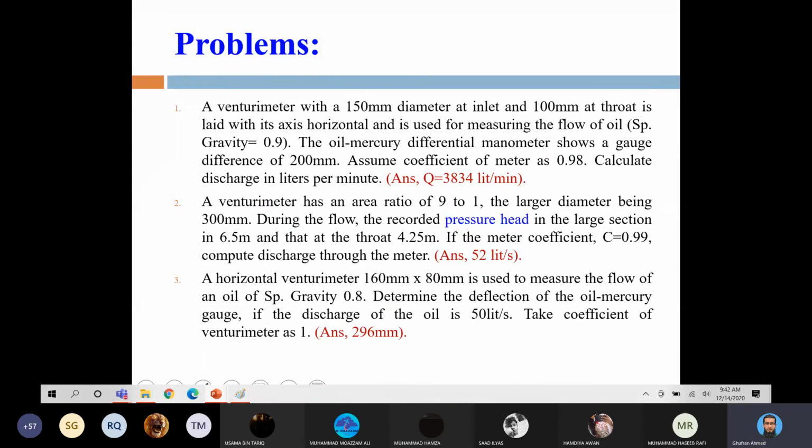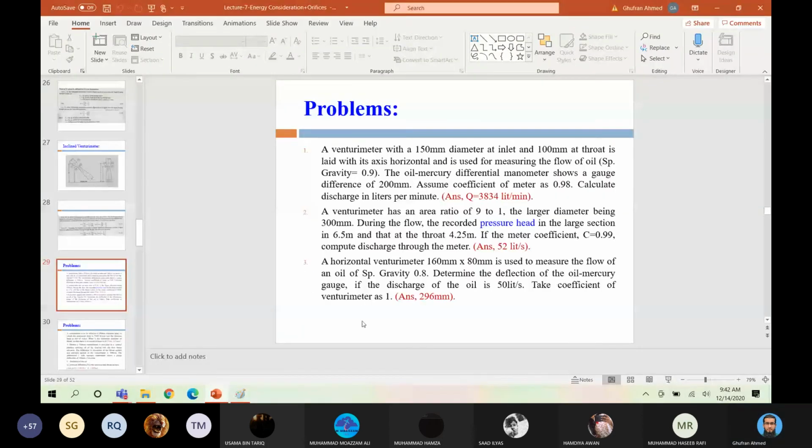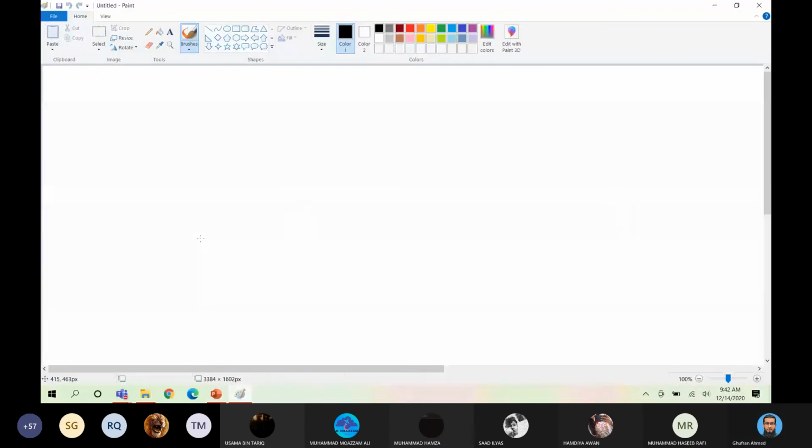So पहला प्रॉब्लम करते हैं. स्टेटमेंट पढ़ें.